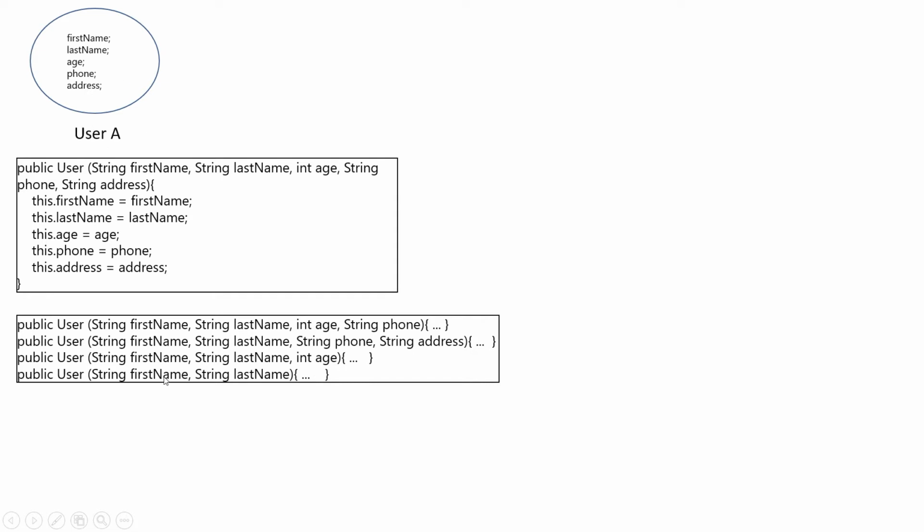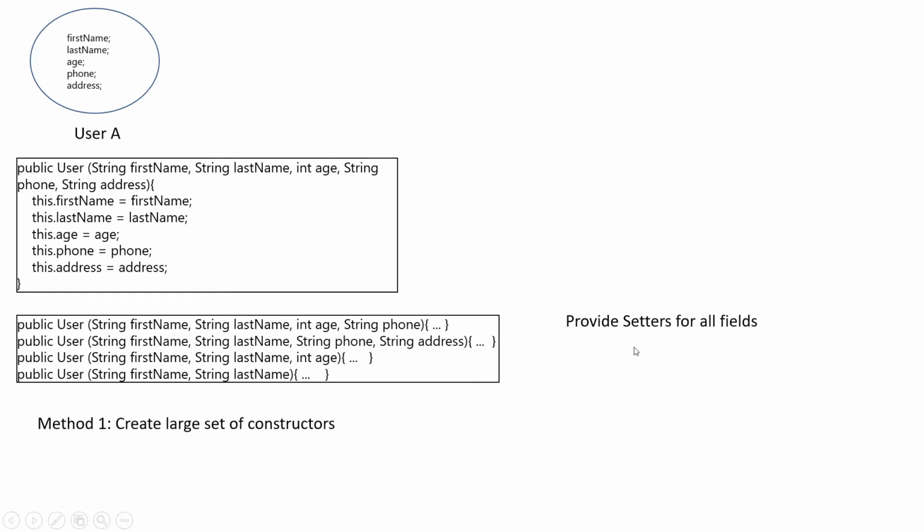So this is one way to create the object, right? And in this way, you are going to create a large set of constructors. The other way is to provide setters for all the fields. If you provide the setters, you can create an empty object and then set whatever values you want into that user object, right?